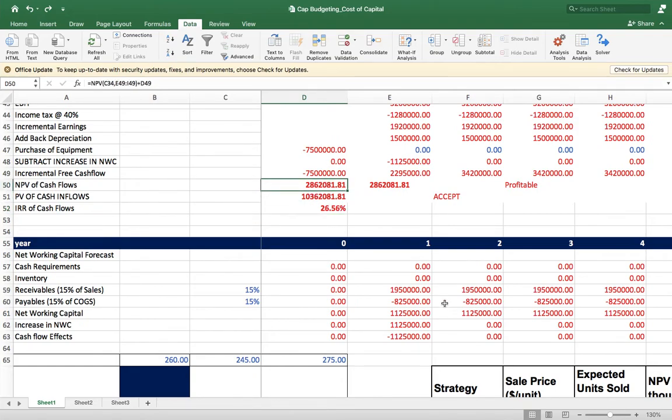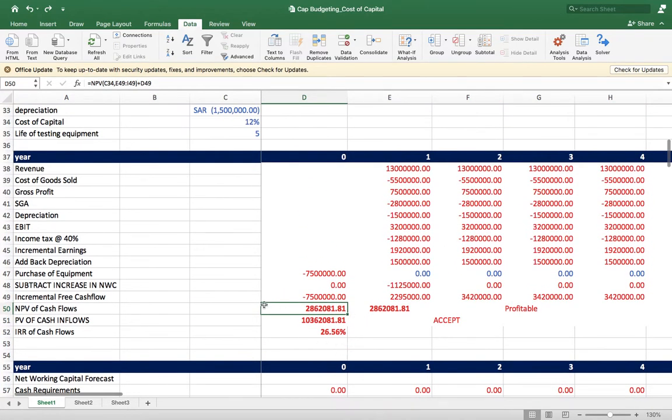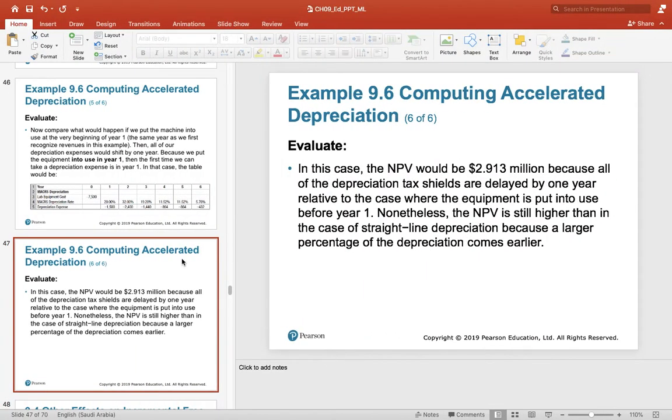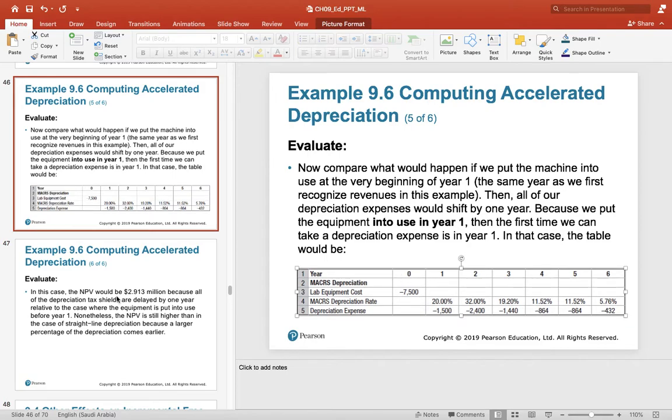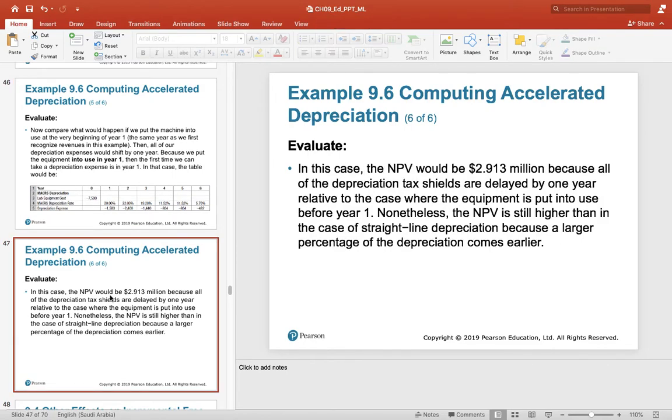2.86 million by charging the depreciation at the fixed straight line method. For example, if depreciation had been calculated on MACRS, the depreciation amount would be 1.5, 2.4, like that, and the NPV would be more than the previous situation, 2.913 million.